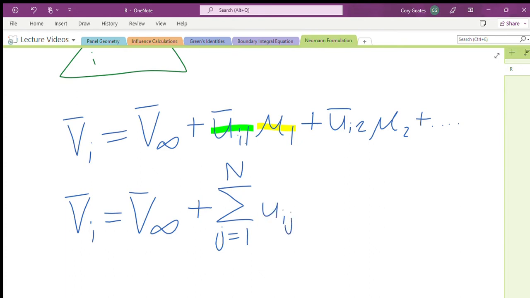Now remember, this is the velocity induced on panel I by panel j, times mu_j. Okay, so that's my velocity equation.